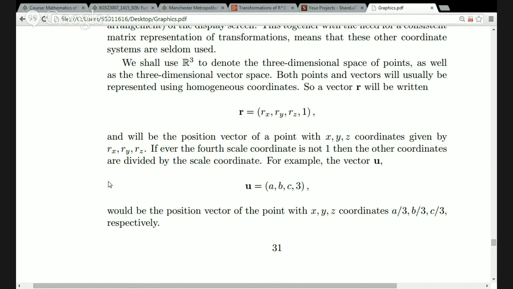So if you're faced with a vector (A, B, C, 3), the point that it would be the position vector of, under the homogeneous coordinates interpretation, would be the point with coordinates A/3, B/3, C/3. Well, if you do things right, you shouldn't encounter that circumstance. If you start off with all your vectors with fourth homogeneous coordinate 1, then they should always remain like that.